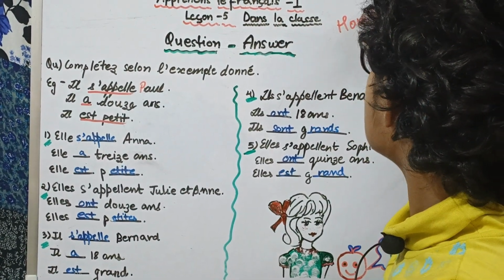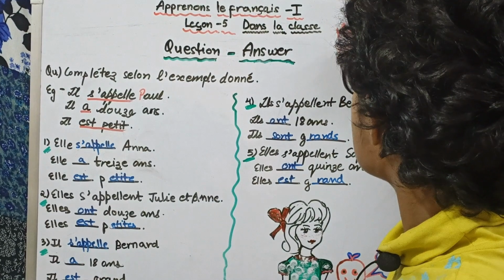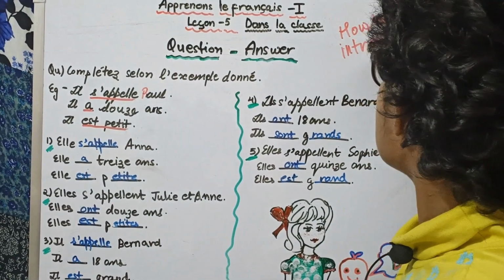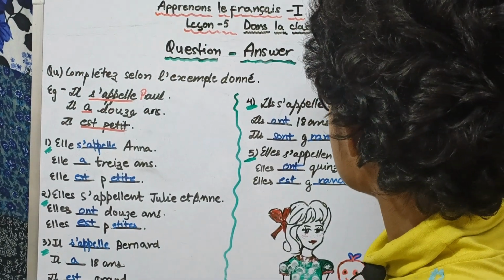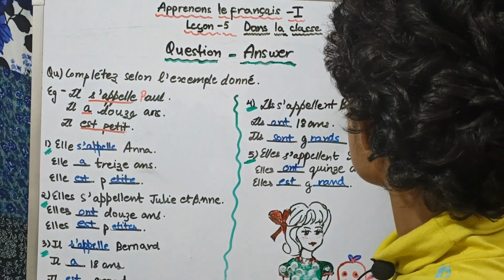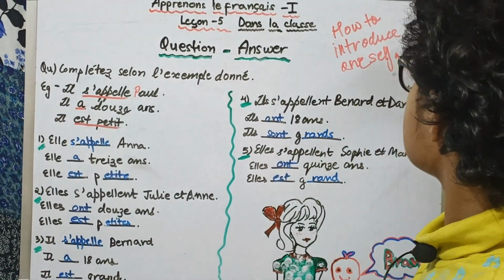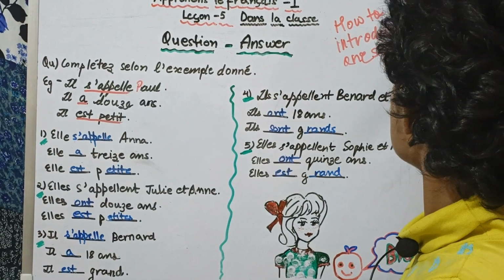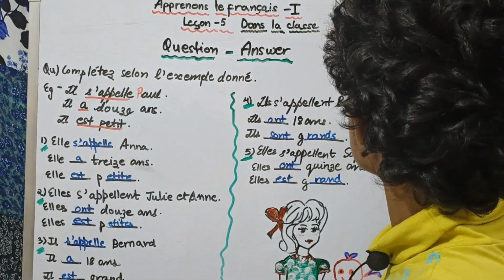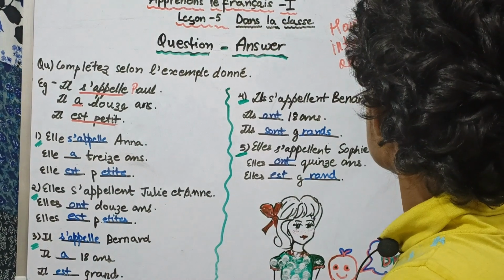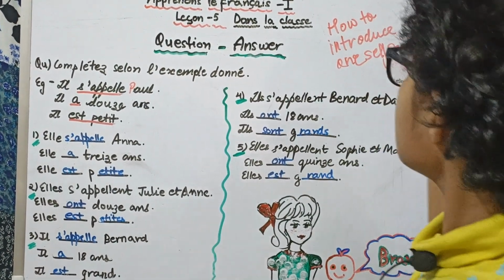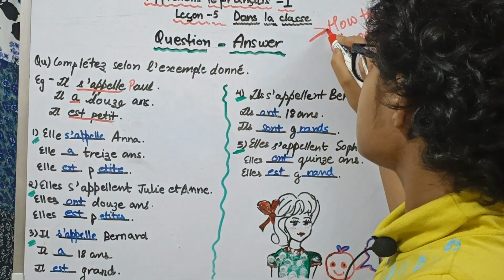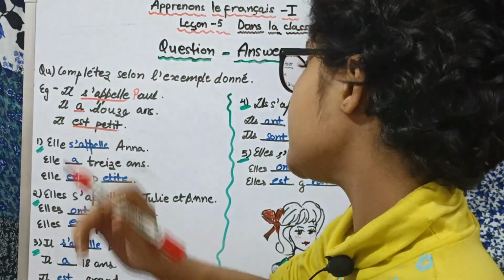oneself or someone else. So now this is the main topic that we need to remember, that what this question is trying to teach us is how to introduce oneself.